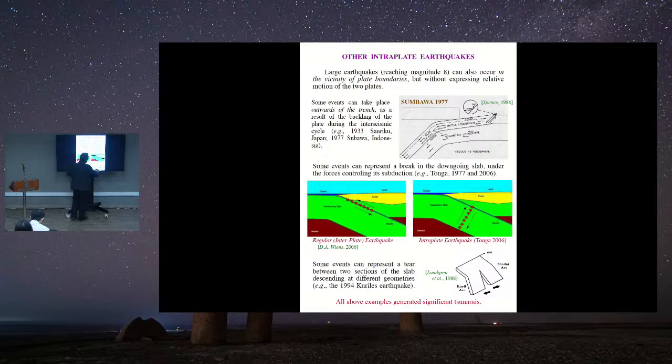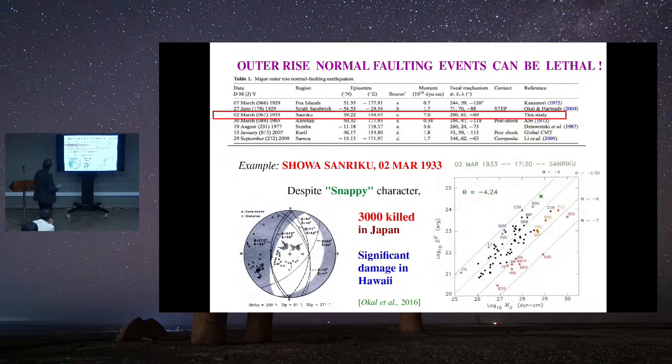And this was the case, for example, in the Kurile arc. And some of these events, especially this kind, can be tremendously lethal in terms of tsunamis. This is the case for the 1933 event in Sanriku in Japan, which was outside, out there in the Pacific plate, and it definitely has a snappy character.